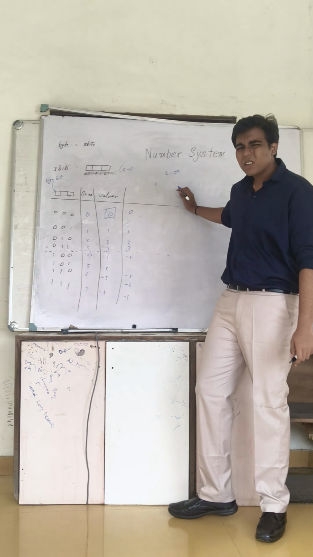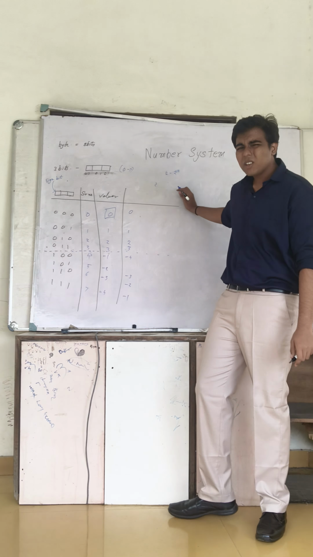So that would be 2 to the power 2, which is equal to 4. Okay, sorry, the max value is 2 to the power n minus 1, minus 1. Which is 2 to the power 3 minus 1, 2 to the power 2 minus 1, which is 4 minus 1, which is equal to 3. So this is our max value for a 3-bit number system, right?